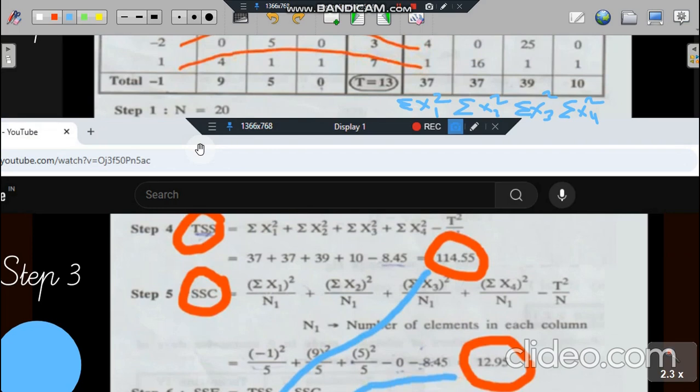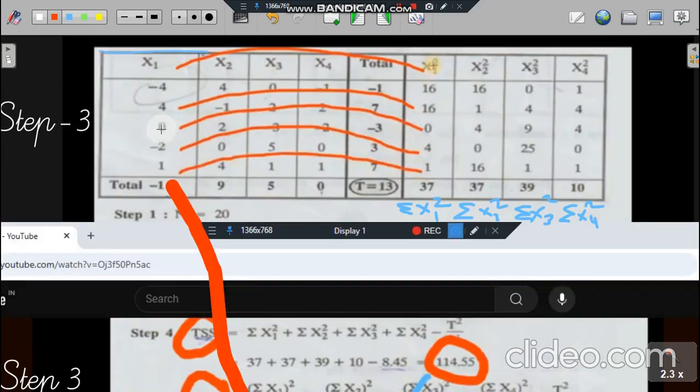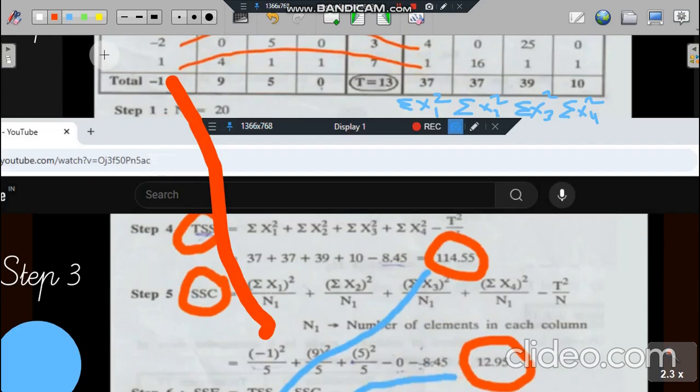So that 5 we have to write here. So we have summation of x1, summation of x2, summation of x3, summation of x4. So here we have to write this minus 1 the whole square divided by 5, because there are 1, 2, 3, 4, 5 elements.